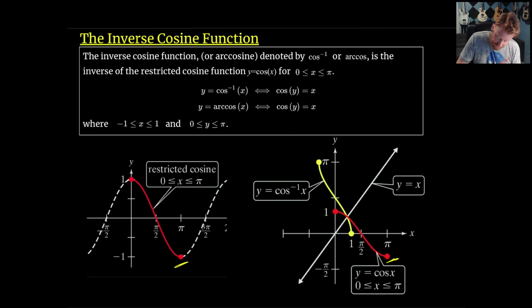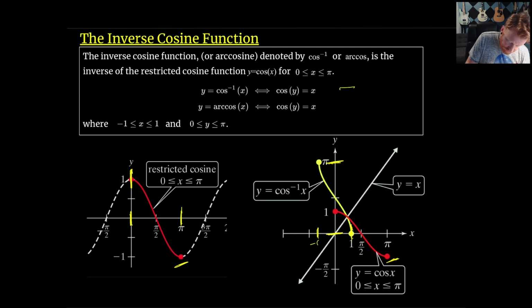And we can see that the outputs here are going from 0 to pi because our restricted domain is going from 0 to pi, and we can see that the inputs are going from -1, so it's not listed here, but -1 should be about there, to +1 on this side here. So there is our inverse cosine restricted for these values, so a little bit different from sine, but we needed to make that shift over by pi over 2 to make sure that we were 1 to 1.